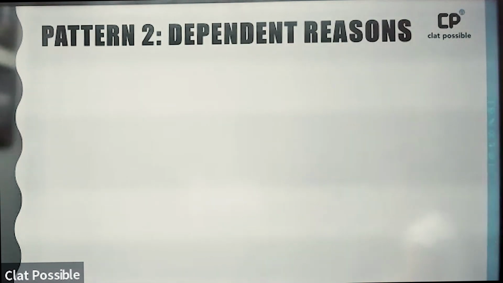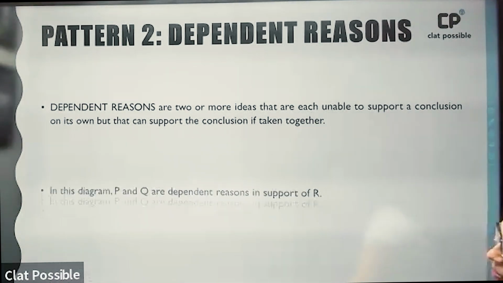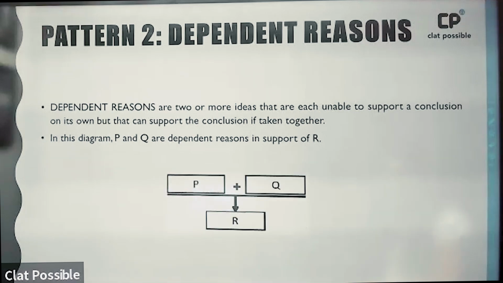Then we have another pattern for arguments, which looks like this. I'll show you the pattern, where the conclusion is formed of two sets of premises, but both of them have to be present together.